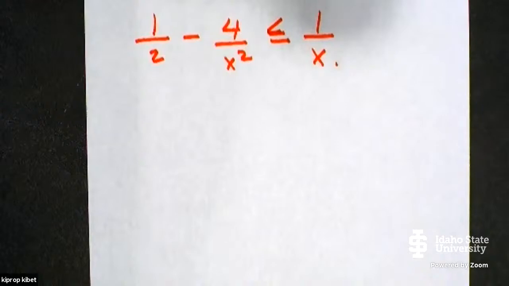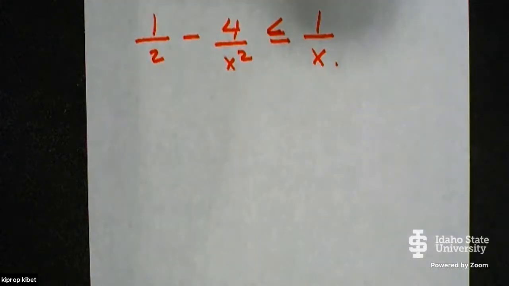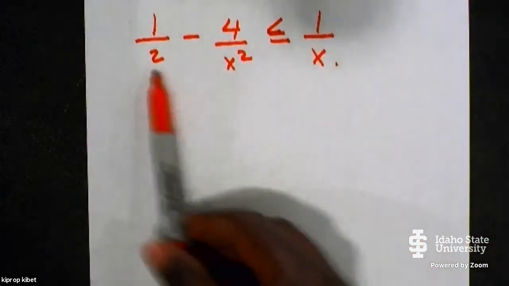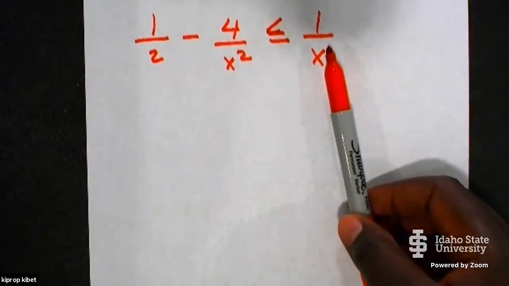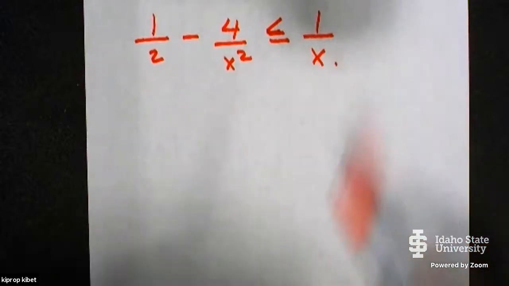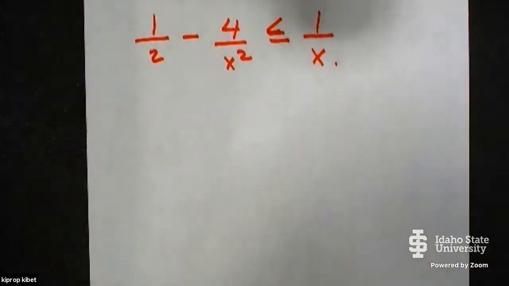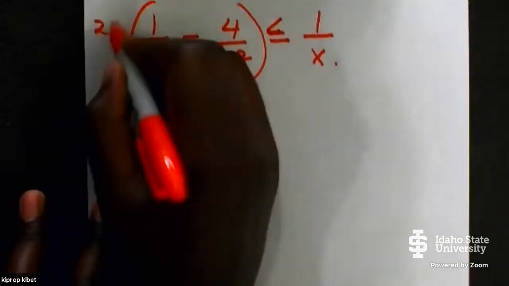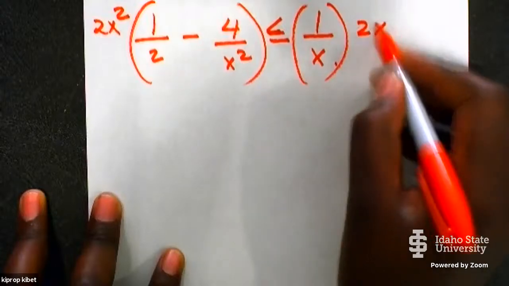This is almost similar to what I gave you in the quiz, if you did the quiz. So you multiply by the least common factor. What is our least common factor in all these? 2x squared.